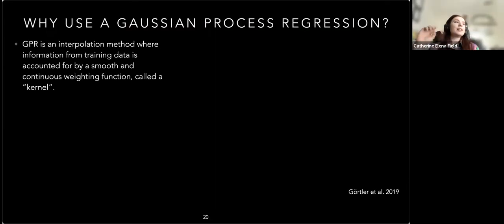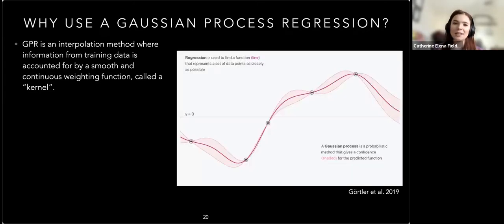A Gaussian process regression is a type of interpolation, and the information is accounted for by something that we call a kernel, which just defines the types of functions that are used to describe your data. So let's go back to thinking about a regular regression. You're trying to find a function that represents your data set as closely as possible.